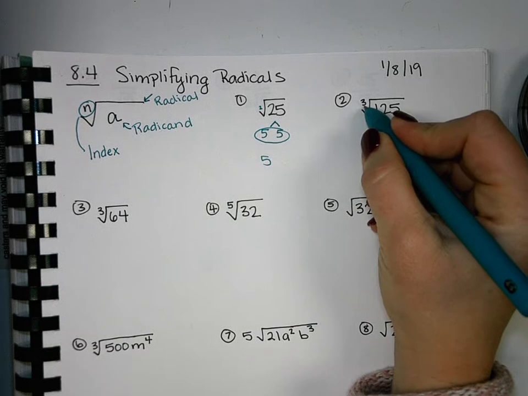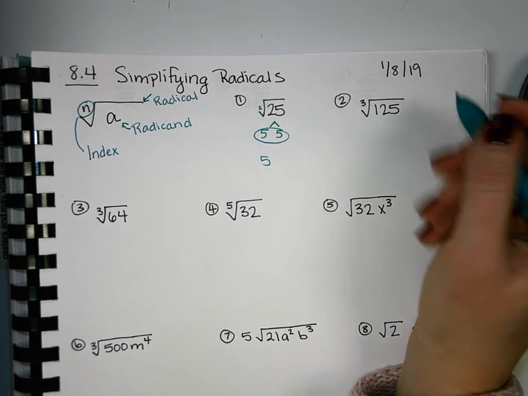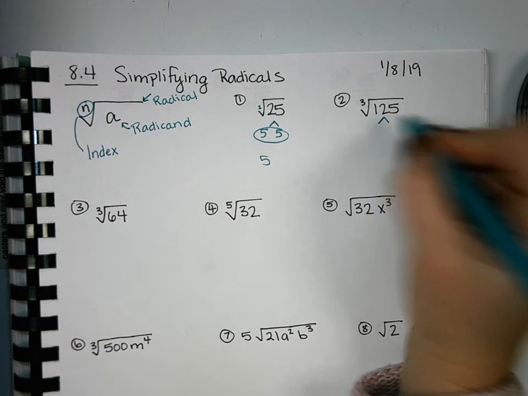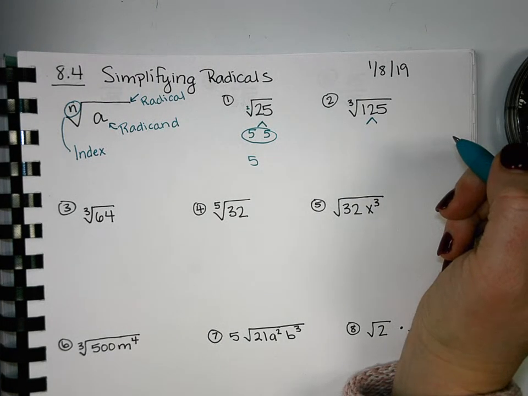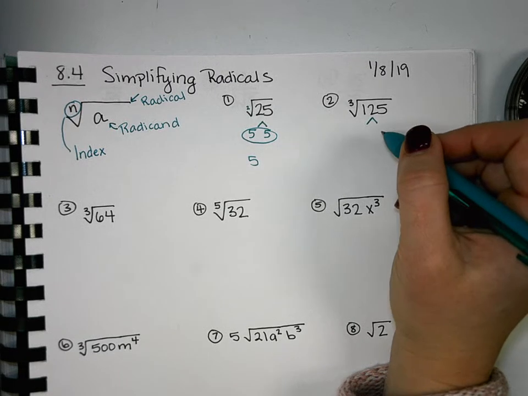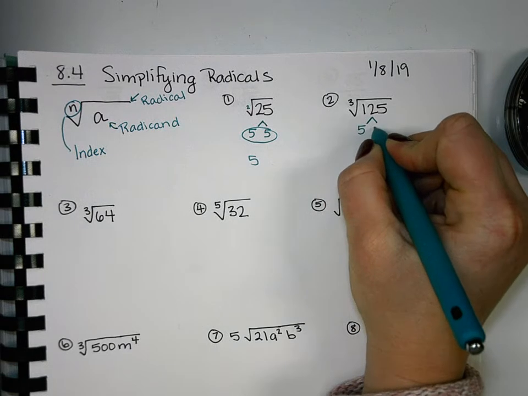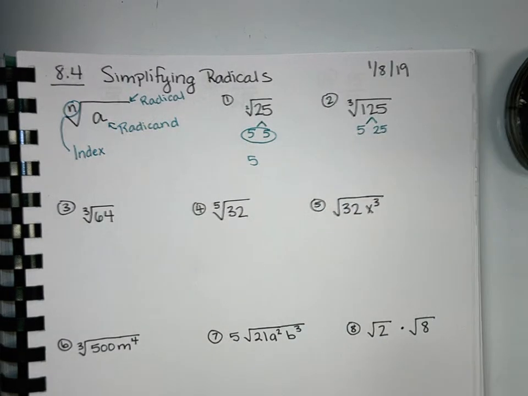When we go to something like a third root, or a cubed root is what that is sometimes called, we're going to do the same thing. We're going to get it down to its prime factors. So what are two numbers that multiply to 125? 5 and 25.